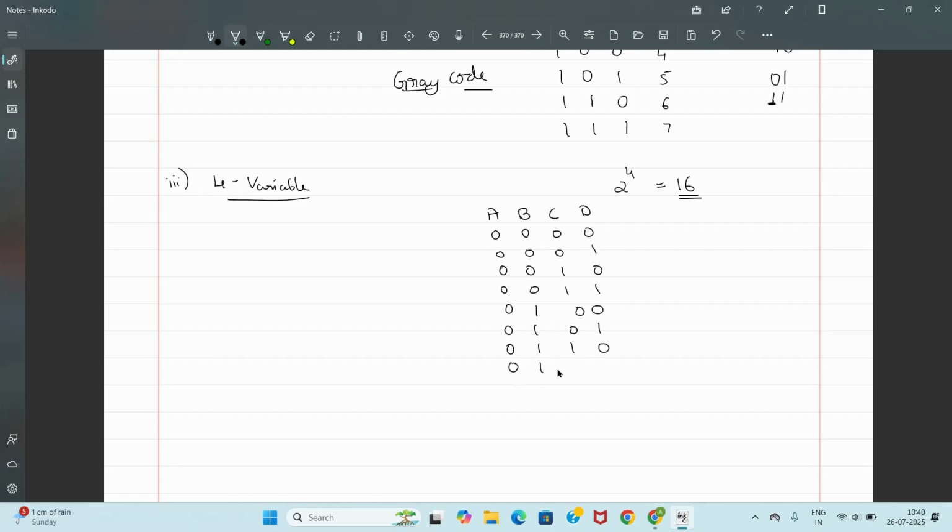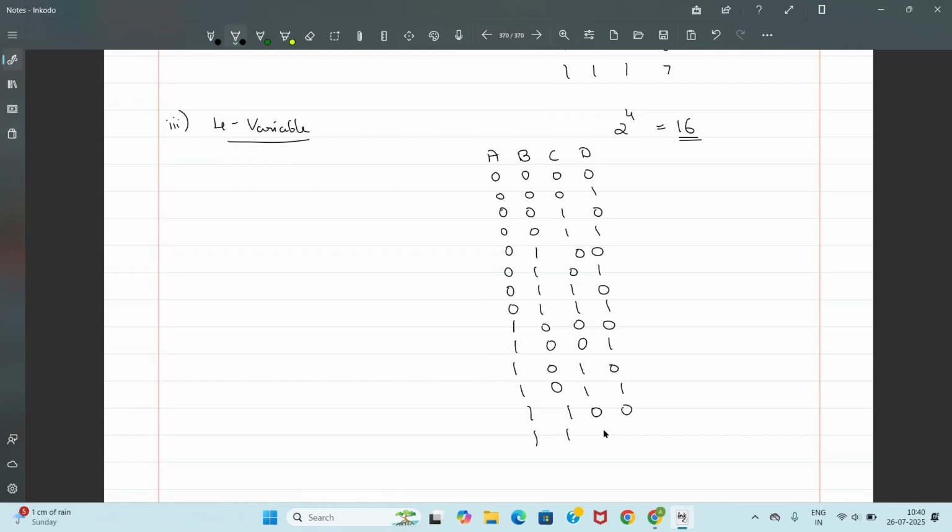So 6. This will be 7. Then 1, 0, 0, 0, 8, 9, 10, 11, 12, 13, 14, and 15. So the decimal numbers are 0, 1, 2, 3, 4, 5, 6, 7, 8, 9, 10, 11, 12, 13, 14, 15.